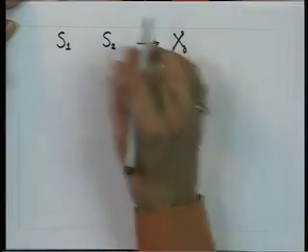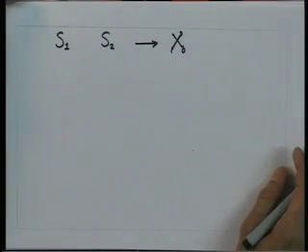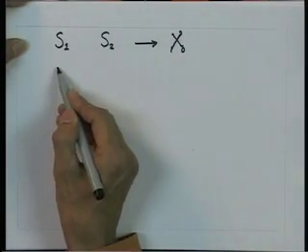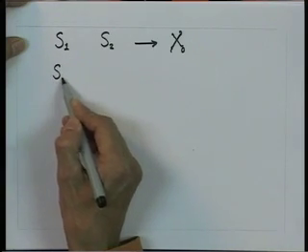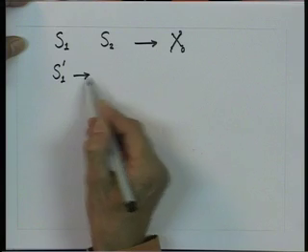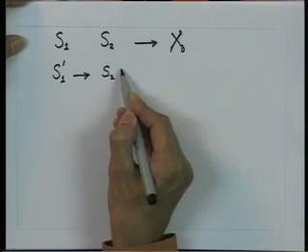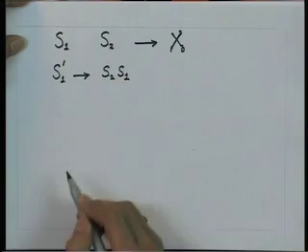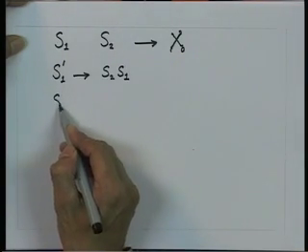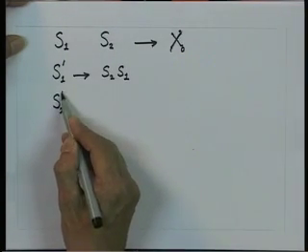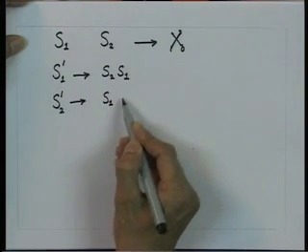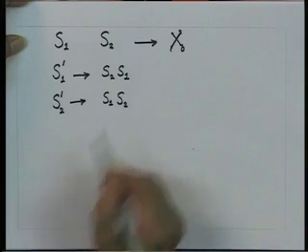Let us assume that is the same for both. Now, let us have another sequence S1 prime, which is obtained by S2 followed by S1. And let us have another sequence S2 prime, which is S1 followed by S2.